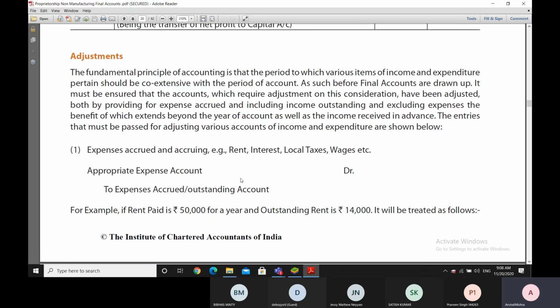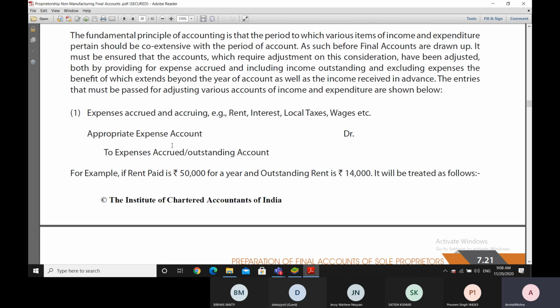So in respect of the expenditure which is accrued and accruing, we need to debit the appropriate expense account like the rent account or the interest account or the local taxes account, and we credit the expenses accrued or expenses outstanding account with that.